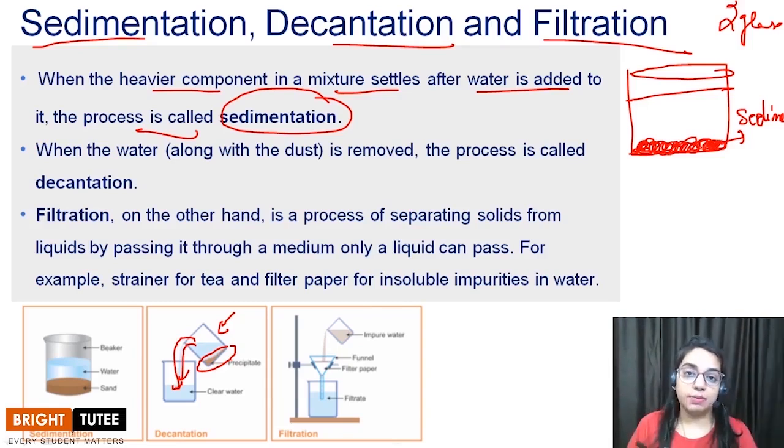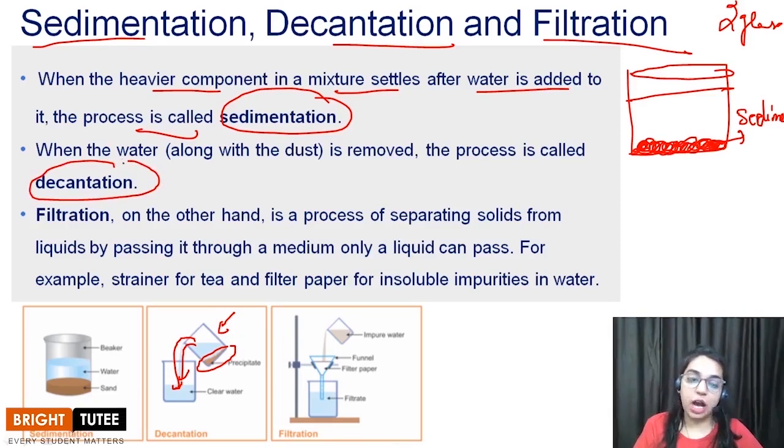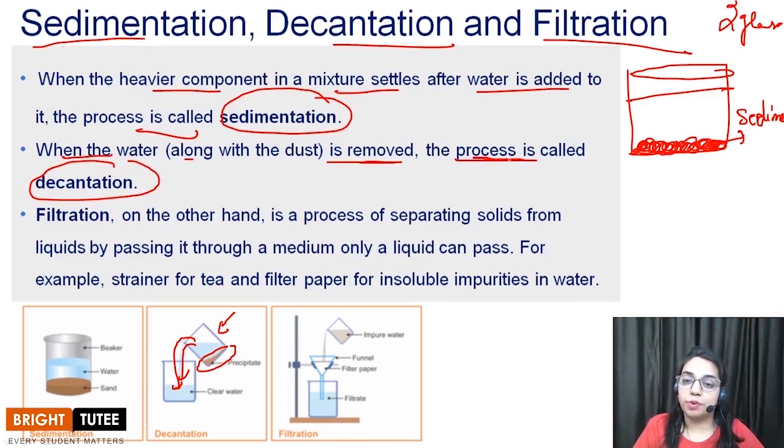And this process wherein we are separating the sediment from water is known as decantation. So let's just read how we can do this. When the water is removed, the process is called decantation, right?